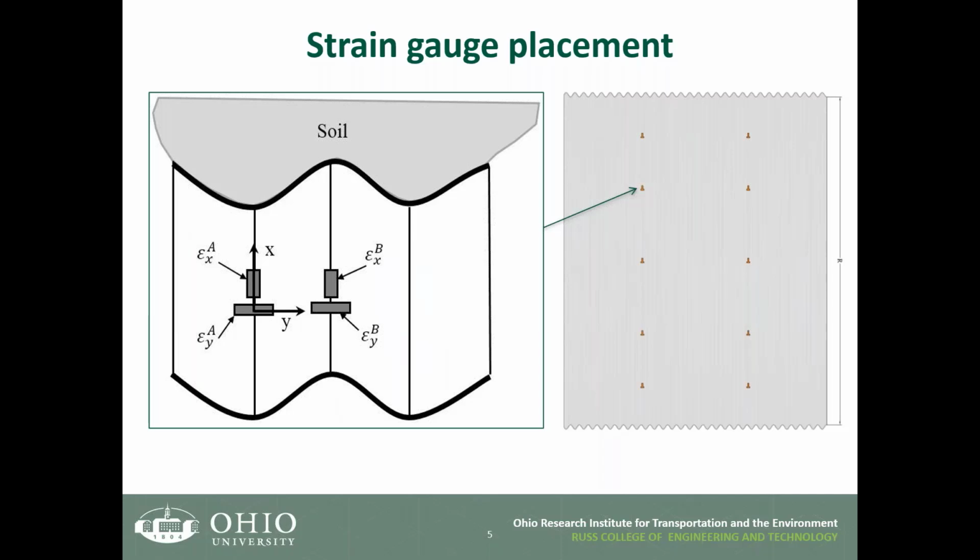The gauges are lined up at two depths, above the neutral axis and below the neutral axis, because, from your strength of materials course as an undergraduate, if you remember, P over A plus or minus MC over I equals sigma, we get the stresses from this combination.